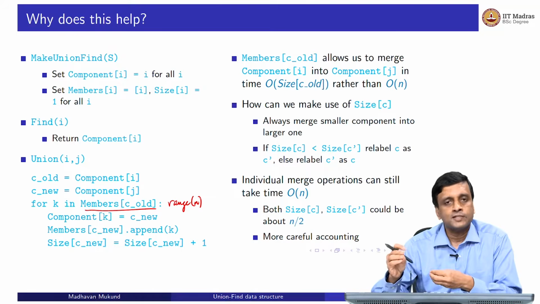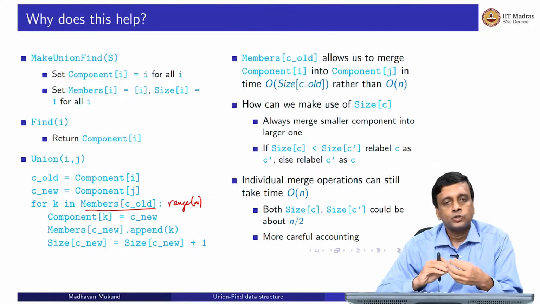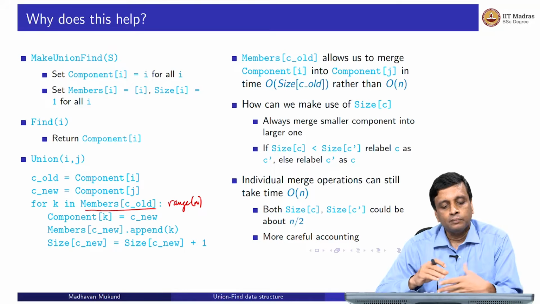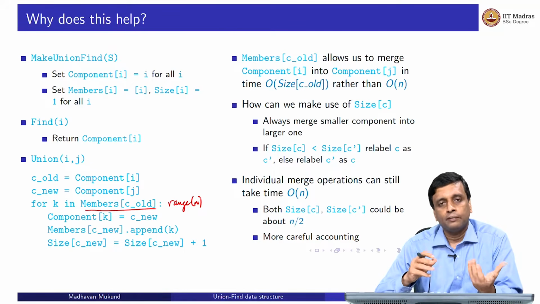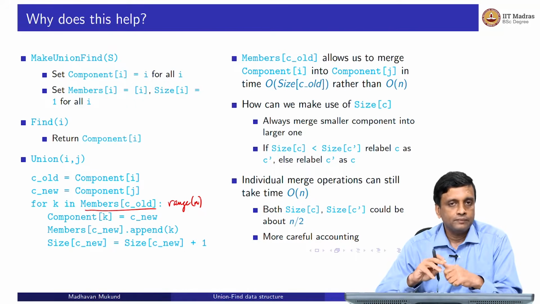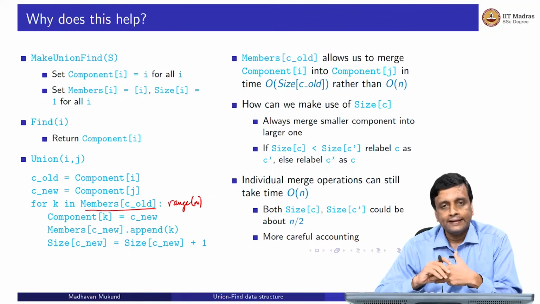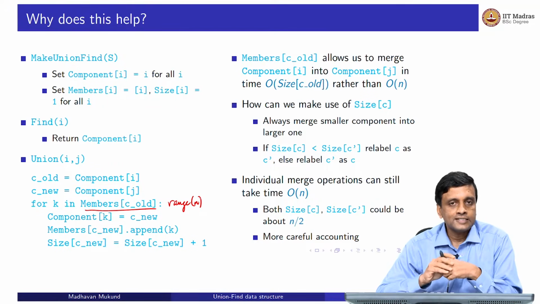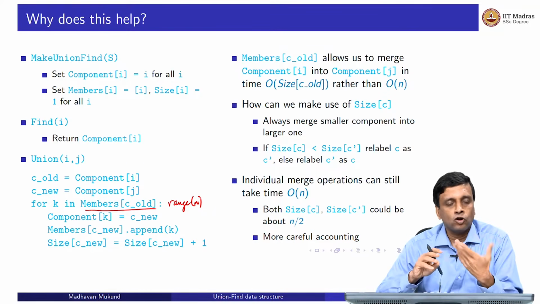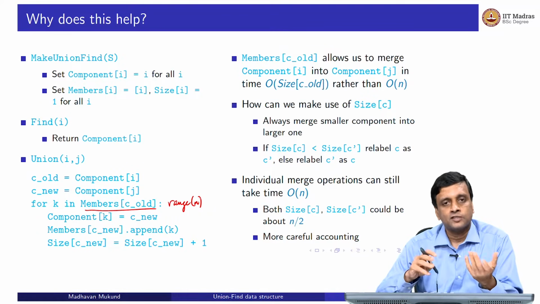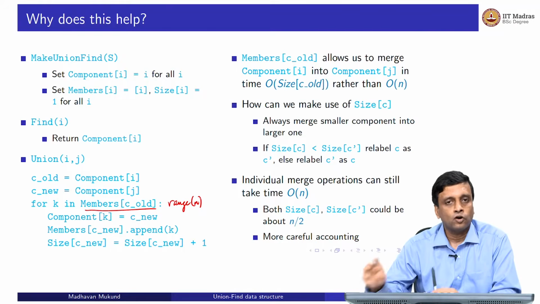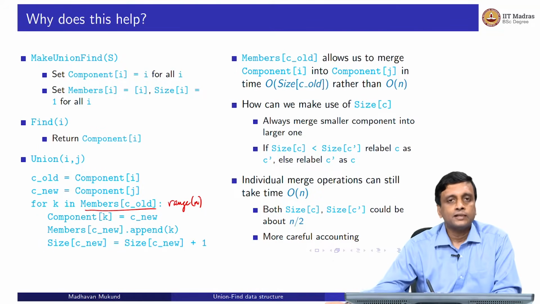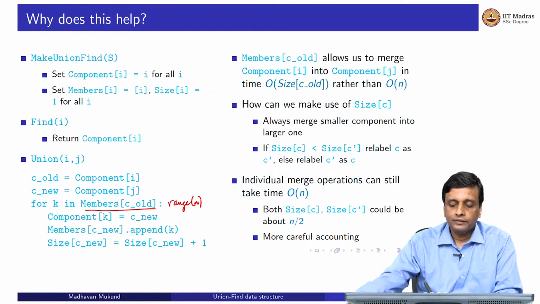It could be half plus a little bit, half minus a little bit. So in the worst case, a single merge operation could still be order n, because it could take n by 2 steps. So we have not really guaranteed that an individual merge operation is less expensive, up to an order constant factor. Of course, it will be half as expensive, but half is not good enough. It's only a constant factor. We want something a little stronger than half.